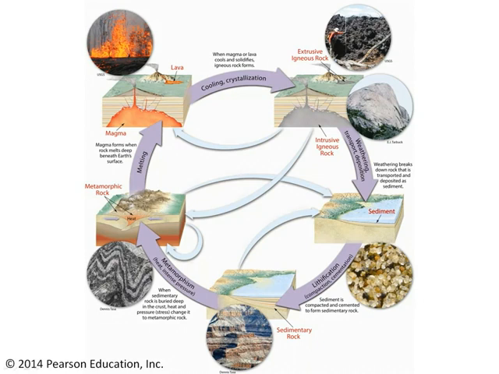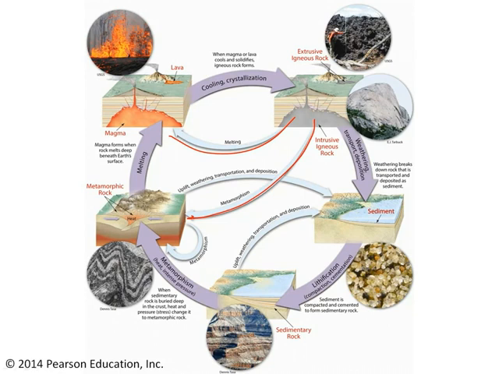Now all the arrows in the middle of this diagram represent alternate pathways, where you could take an igneous rock, for instance, and transform it back into another igneous rock by following that pathway. Or you could take that igneous rock and metamorphose it. Or you could take a metamorphic rock and turn it into sediment, and then that sediment could become a sedimentary rock, and then that sedimentary rock could become sediment, and metamorphism could occur to a pre-existing metamorphic rock, and so on and so forth.